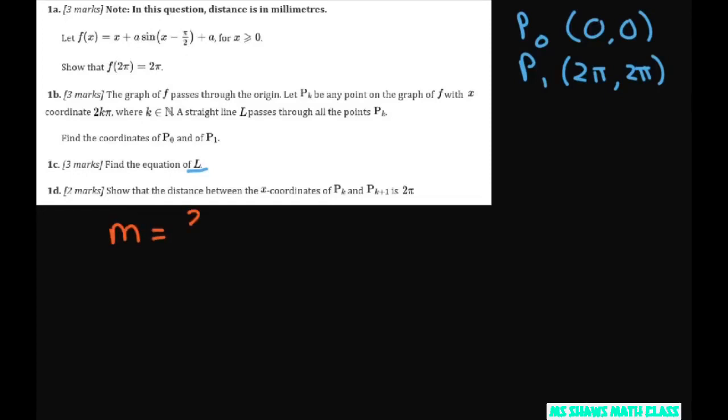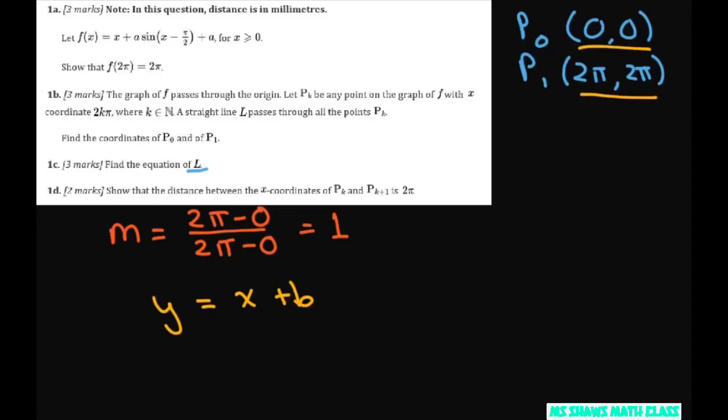That's going to be 2 pi minus 0 divided by 2 pi minus 0, which equals 1. Then you can write your equation y equals 1x plus b. Plug in one of these points to get your b. If you plug in 0, b is 0. Same thing, if you plug in 2 pi, you'll get 0. So our L is y equals x.